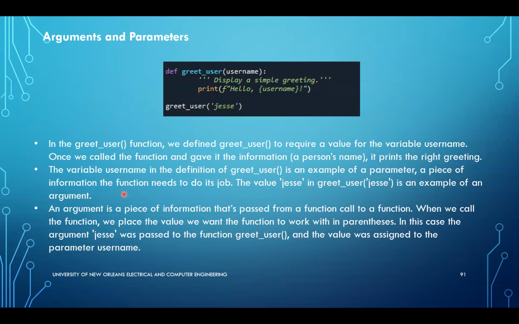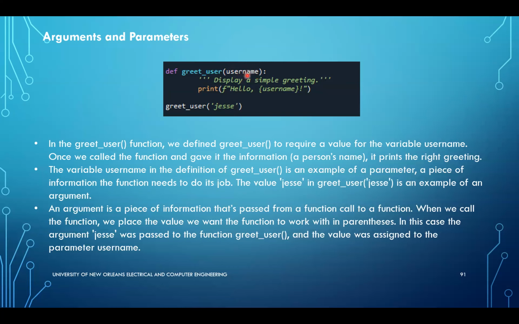It's a piece of information the function needs to perform the statements we need it to perform. The value in this case, Jesse, which we pass when we call greet_user, is an example of an argument. So the parameter in this case is username, and the argument in this case is Jesse.